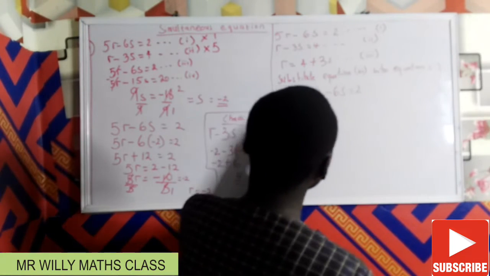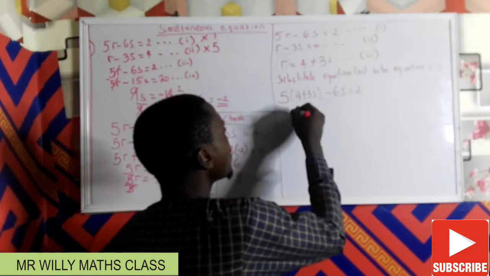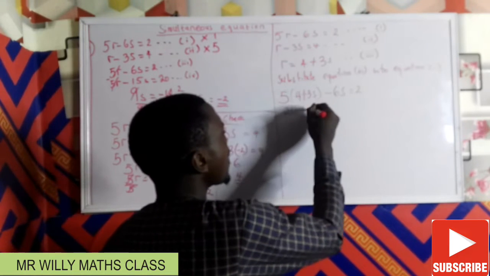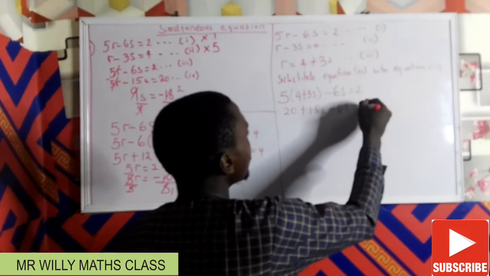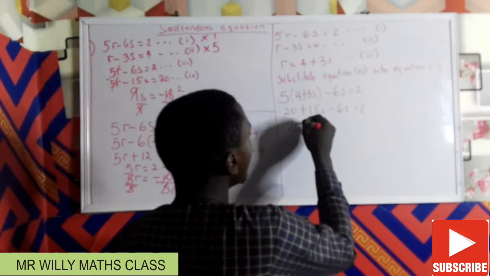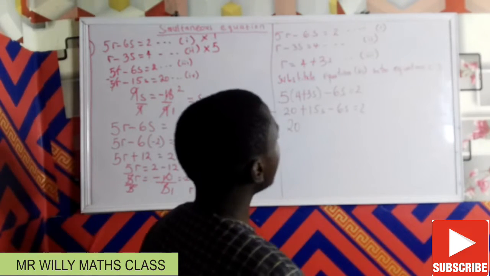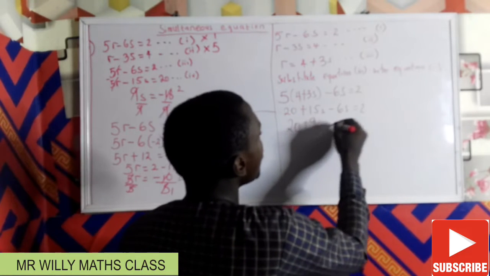So you use this 5 to multiply everything inside a bracket. That will be 5 times 4, that will be 20 plus 5 times 3, that will be 15x minus 6x equals to 2. So you're having 20 plus 15x minus 6x, that will be plus 9x equals to 2.